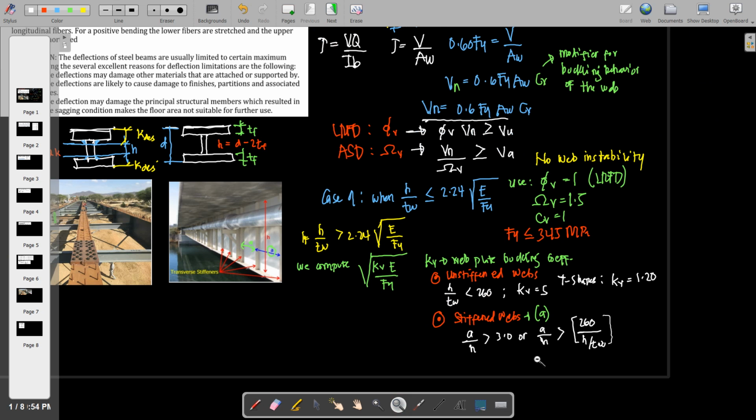So if this is the scenario, then just the same, we take KV is equal to 5.